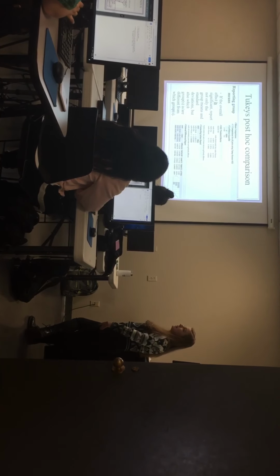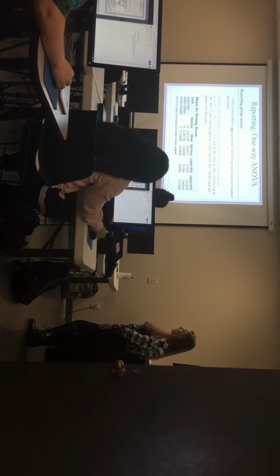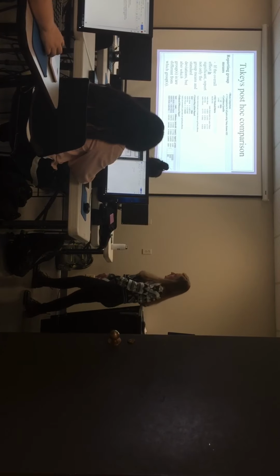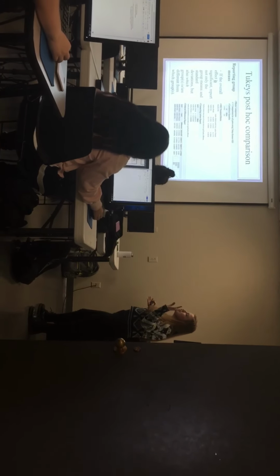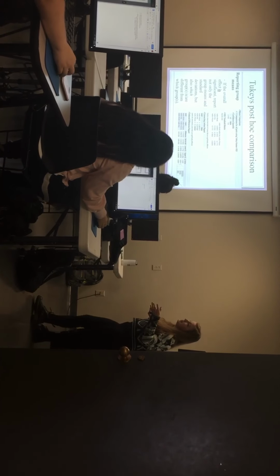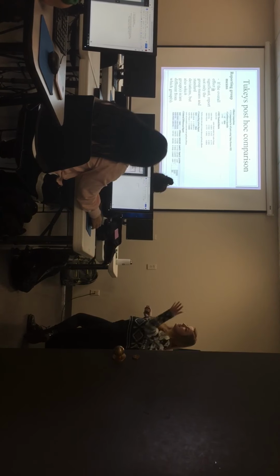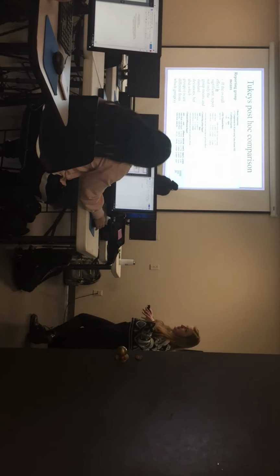But if the overall omnibus effect was significant, if this p-value is less than 0.05, then you have to do a post hoc comparison, because now we're dealing with more than two groups. So the overall omnibus effect tells you, yes, there is a difference, but it doesn't tell you which groups are different.